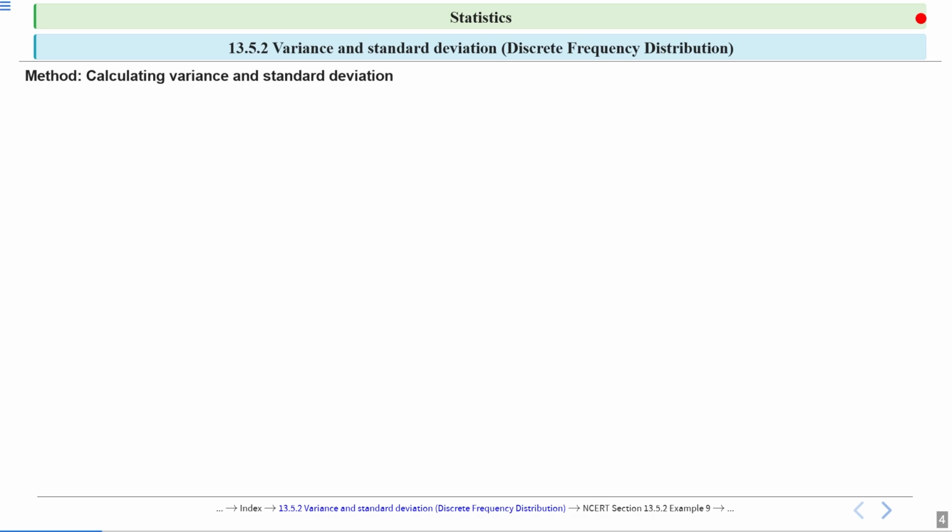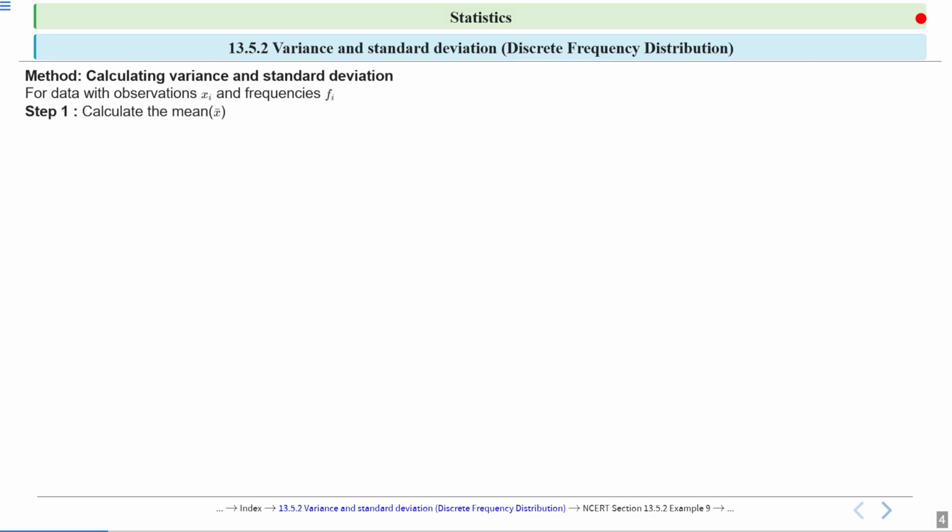So first of all, we are going to learn how to calculate variance and standard deviation, which are two important measures in statistics. So let's start by considering a set of data where each observation is called xi and each observation has a frequency which we will call fi.